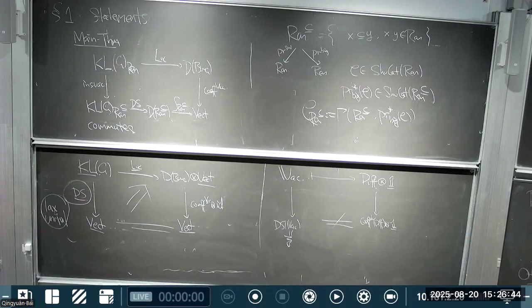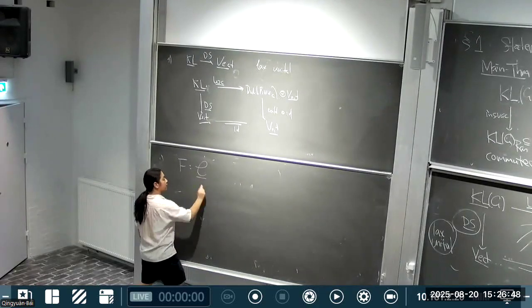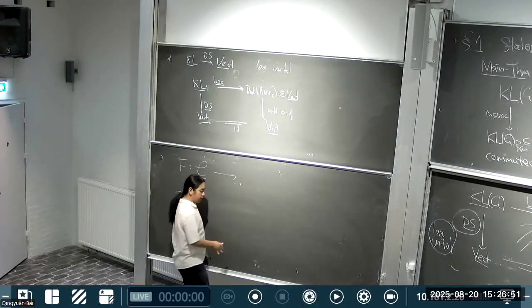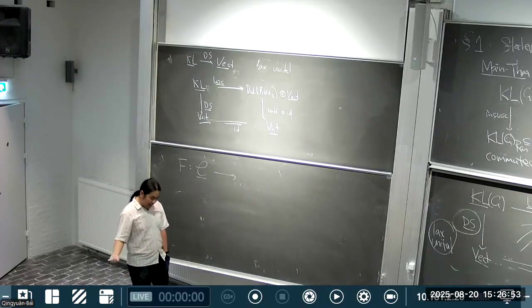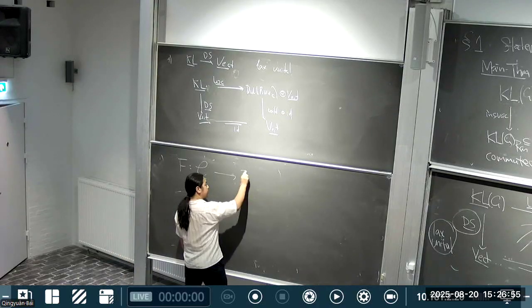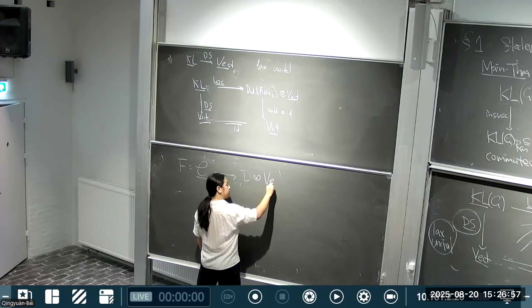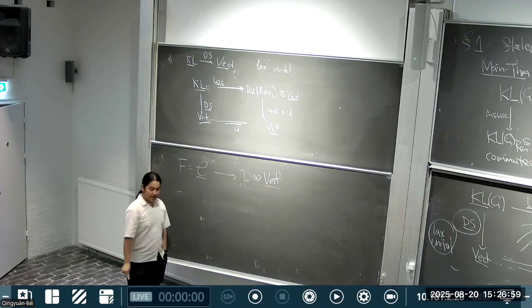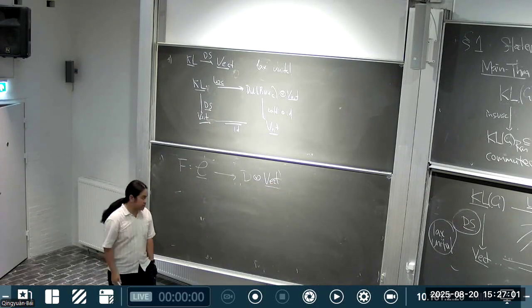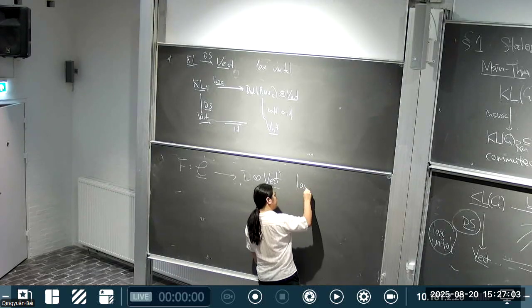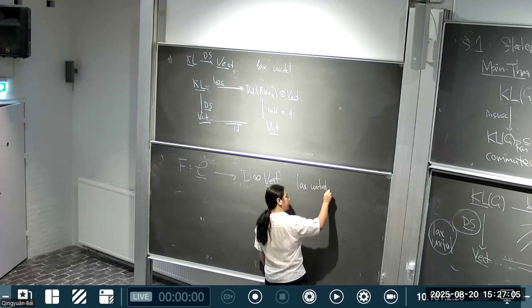Okay, so let me remind you, if you have a local-to-global functor from C to D-mod, so I will just write D tensor with this big vector. Here this P is really just a unital category. So this is my replacement for non-unital local-to-global.